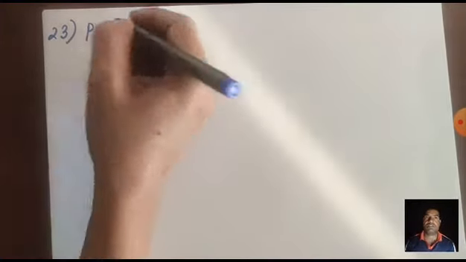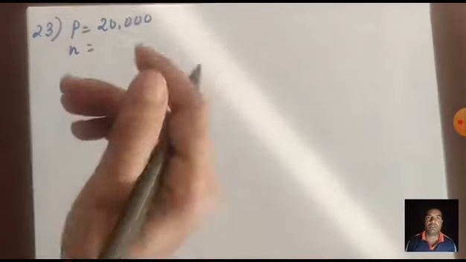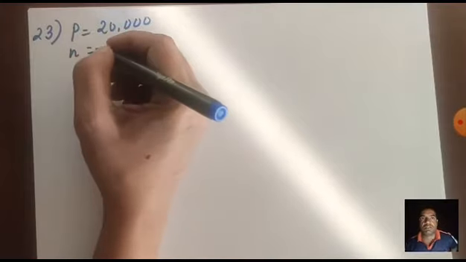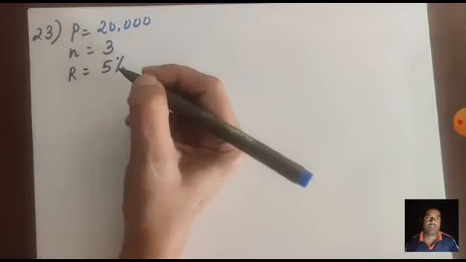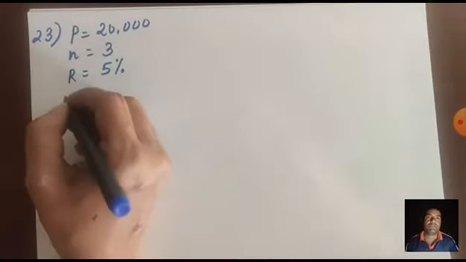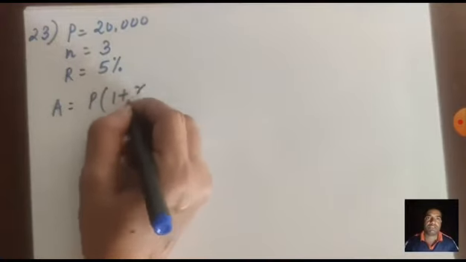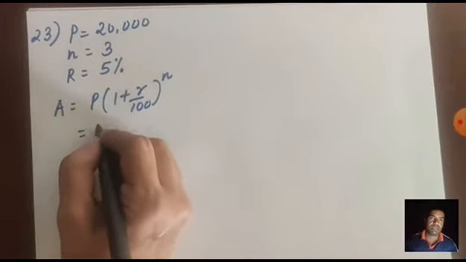So principal will be 20,000. n is given: 3, because 1.5 years means half plus half plus half, so I have written 3. And r will be 5%, because it is half yearly, so you take half of 10%. So amount is equal to P into bracket 1 plus r upon 100 raised to n.